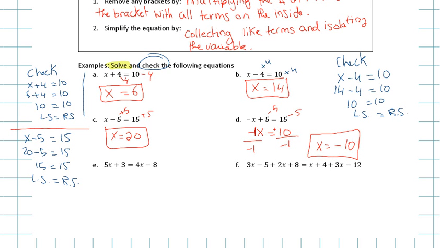I said a positive 10 divided by a negative 1. What do you get? A positive divided by a negative is negative. So it's going to be negative 10. Oh, so you need the number negative, not the x. That's right. x was already negative, but we don't want that.